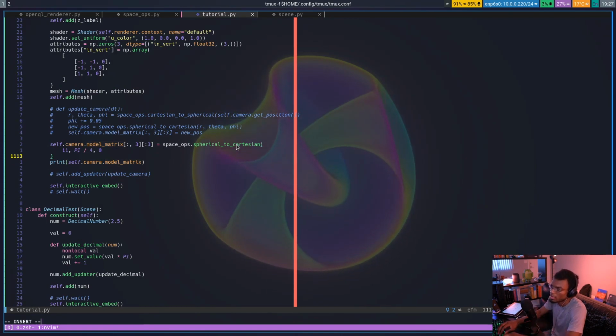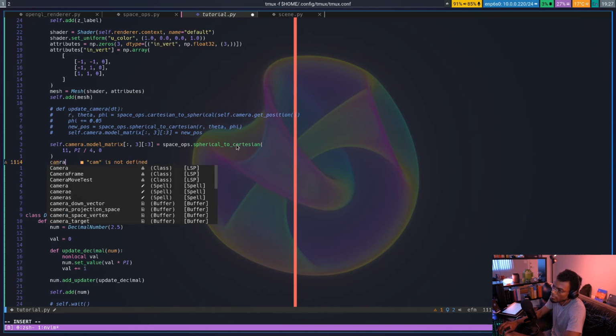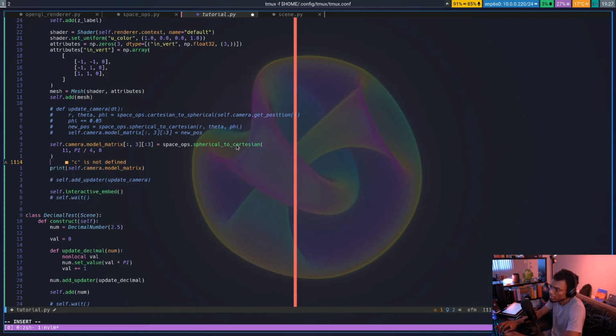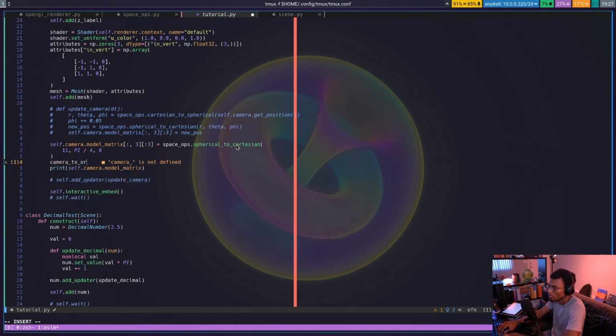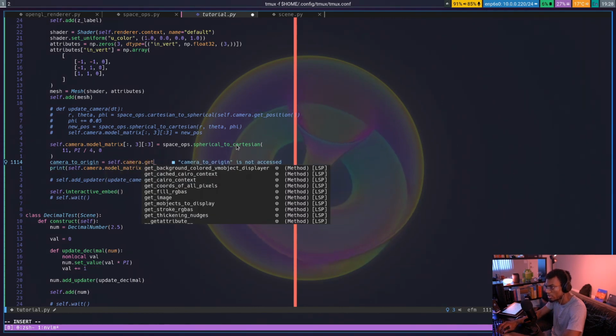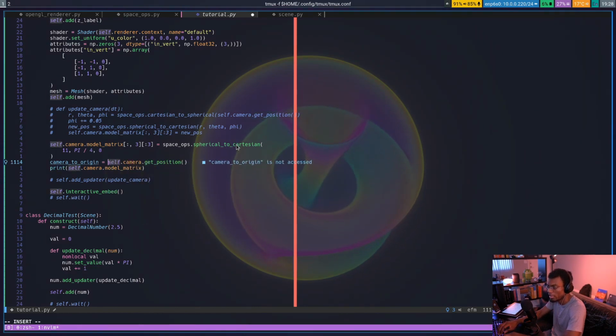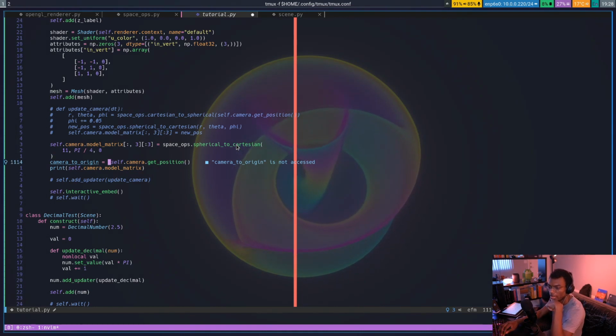Okay, first things first. Let's get the camera. I need a vector from the camera to the origin. And this is just self.camera.get_position, negative. So that's camera to the origin. The interactive scene is a nice step, so you don't have to fiddle with the camera as much, but instantiating objects takes forever.